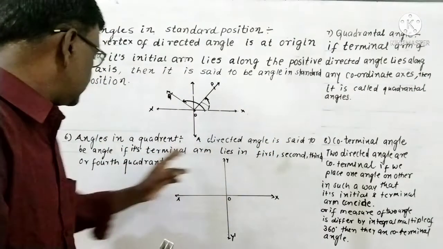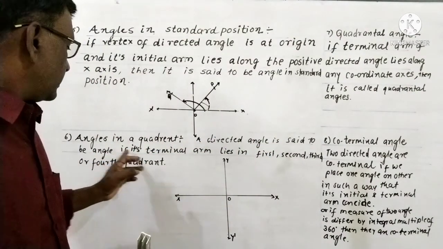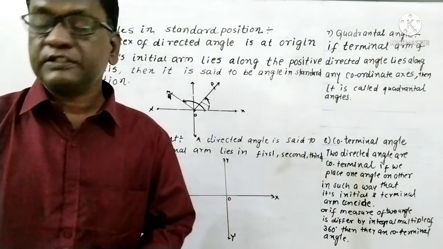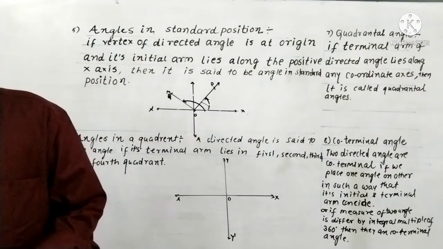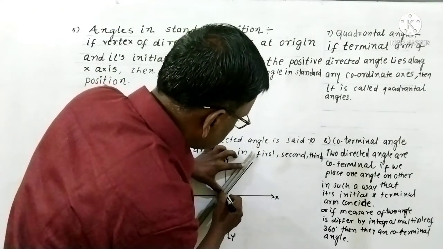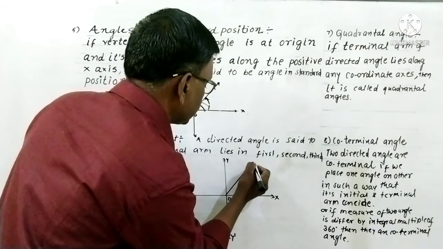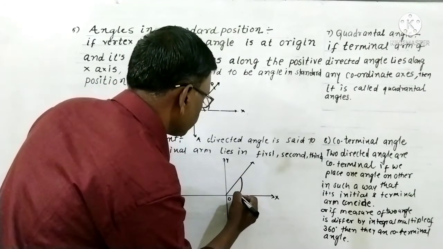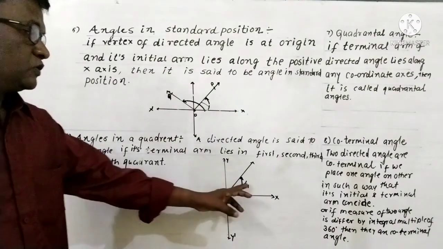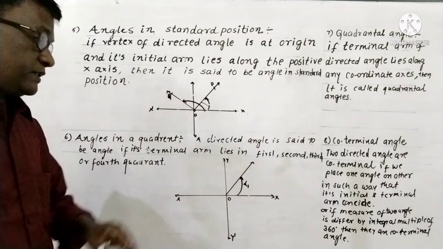A directed angle is said to be a quadrant angle if its terminal arm lies in the first, second or third quadrant. Here the terminal arm lies in the first quadrant. This angle alpha 1 is a directed angle, so it is an angle in quadrant.